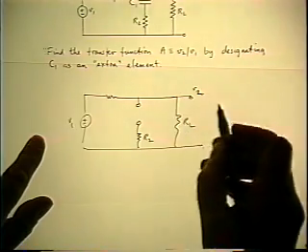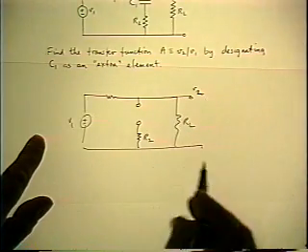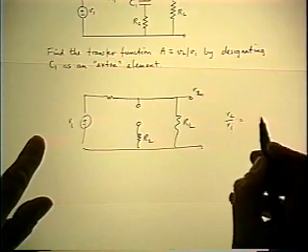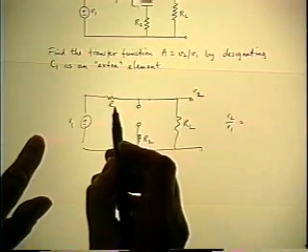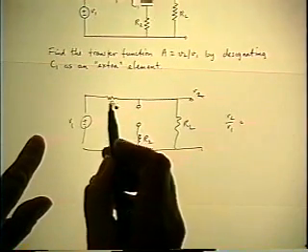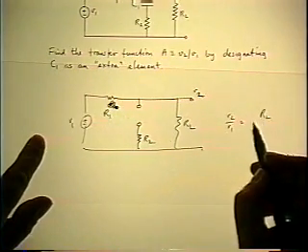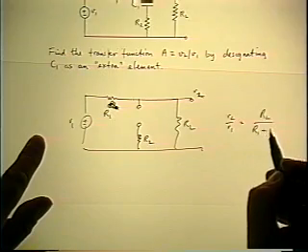So the reference gain is V2 over V1 from this circuit, which is simply the resistive divider formed by RL and R1.